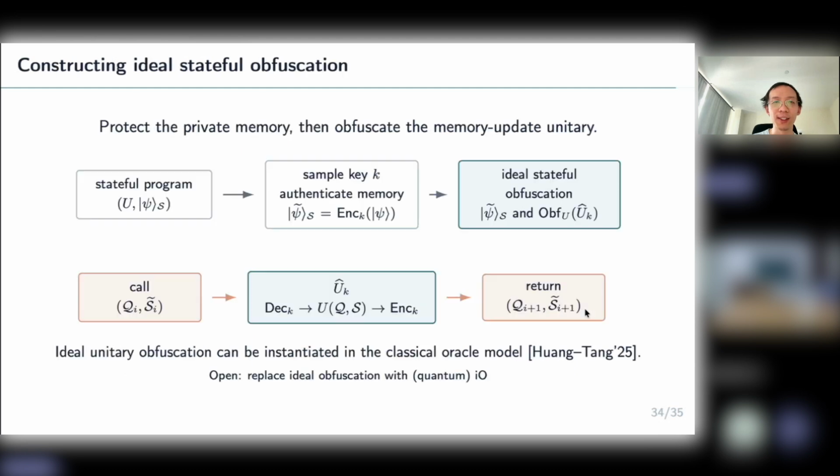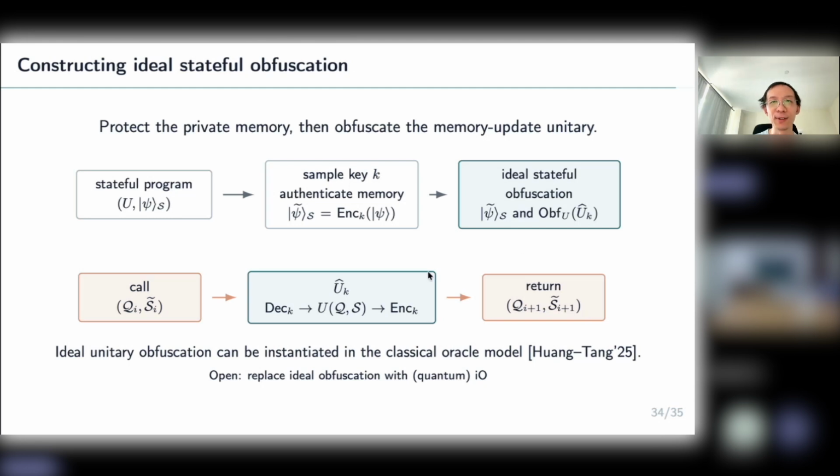So that's the guarantee. And we don't construct this. Instead, we construct something weaker, well, not weaker, but incomparable. We consider ideal stateful obfuscation. In particular, we assume ideal obfuscation for classical functions, and we construct ideal stateful obfuscation for stateful quantum functions.